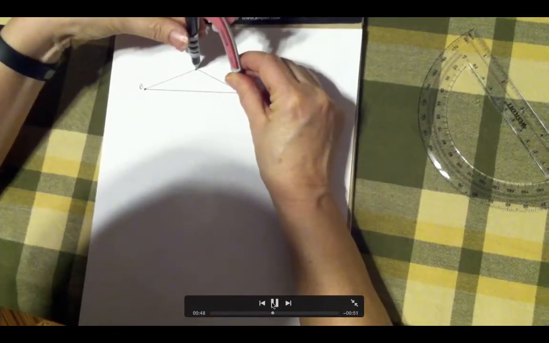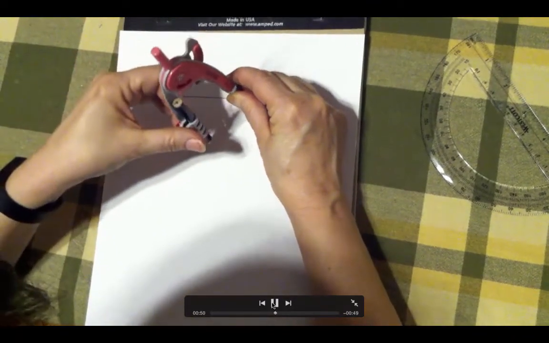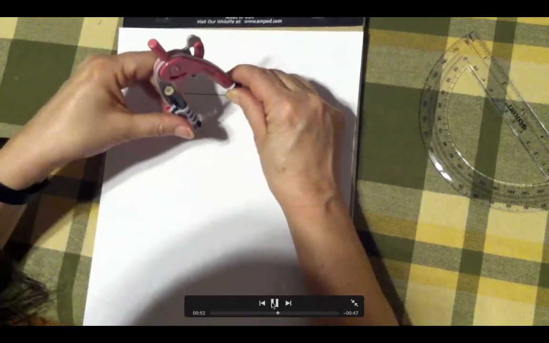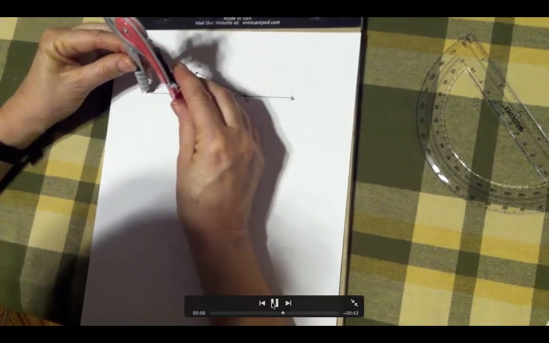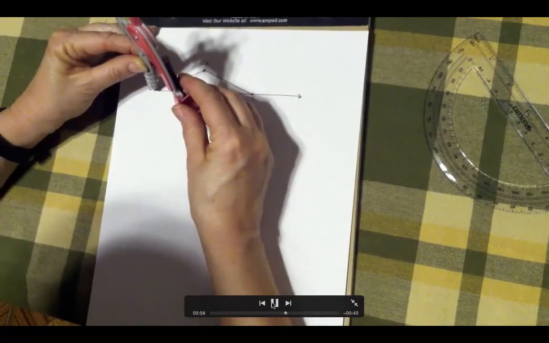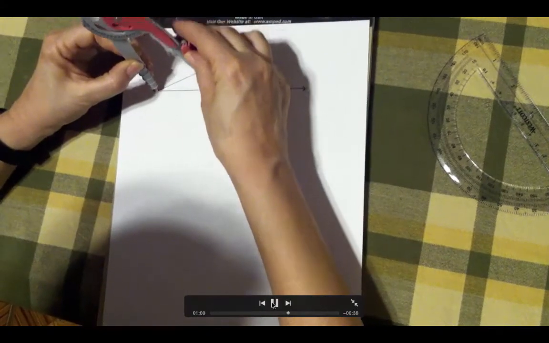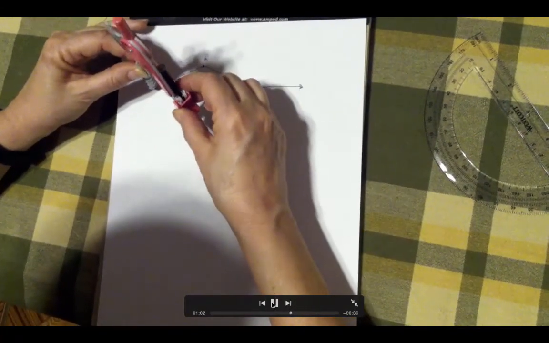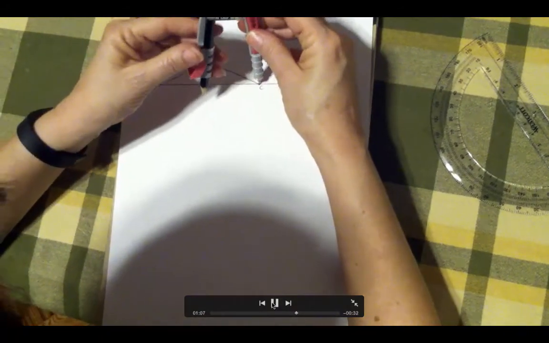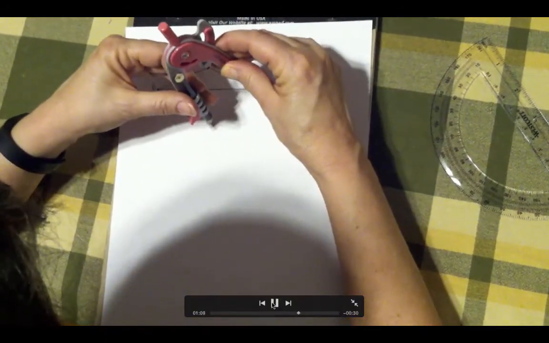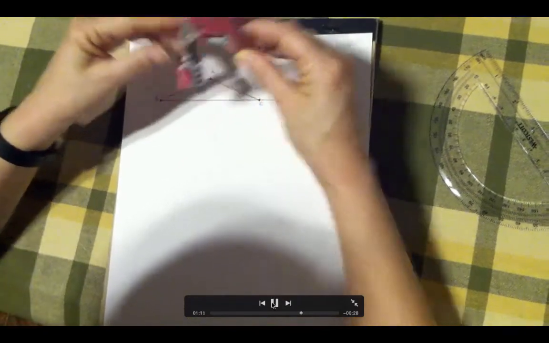So now I'm going to measure AC, and I'm going to make a new mark below the ray, because I want to make the next point. So then I'm using my compass to make a mark from the B over, and I didn't do it quite far enough up from my C point.